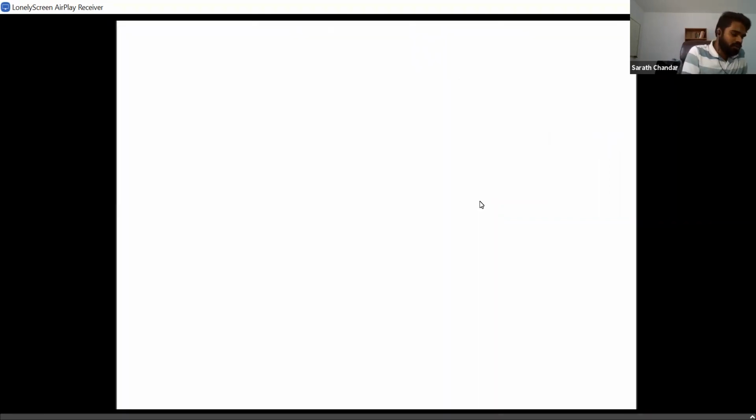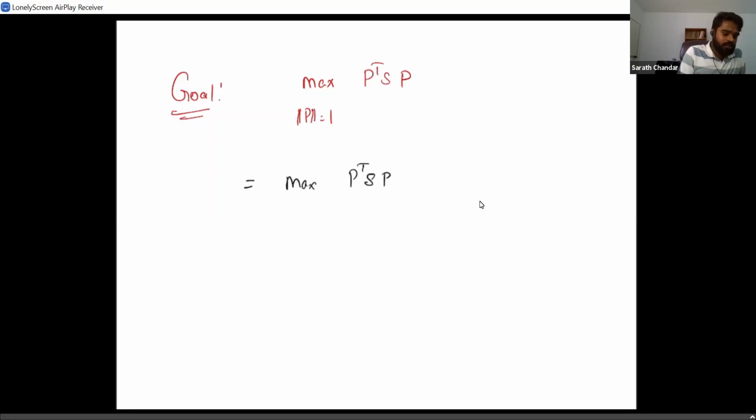The goal is to maximize the variance in the projected data, which is P transpose SP, such that the norm of P is equal to 1. This is equivalent to maximizing P transpose SP divided by P transpose P, such that P is not equal to 0.